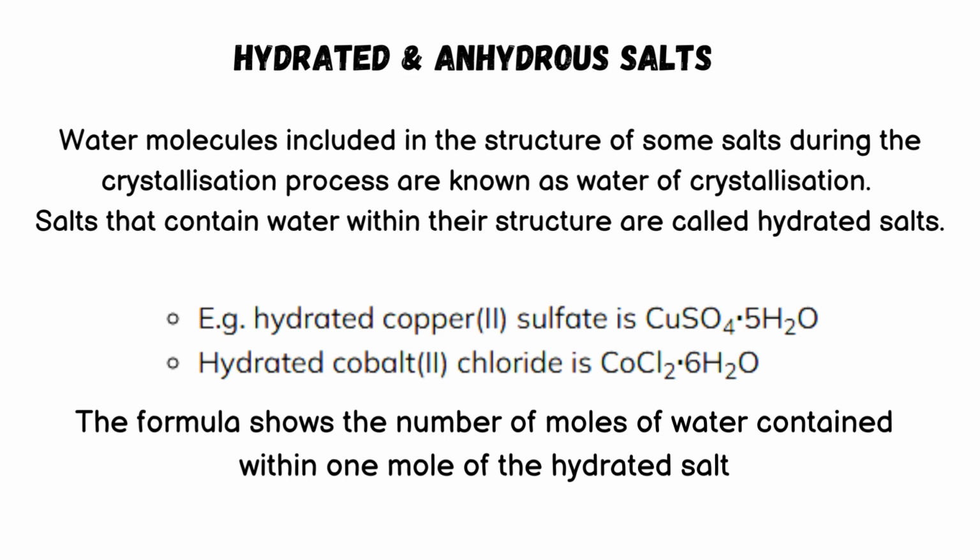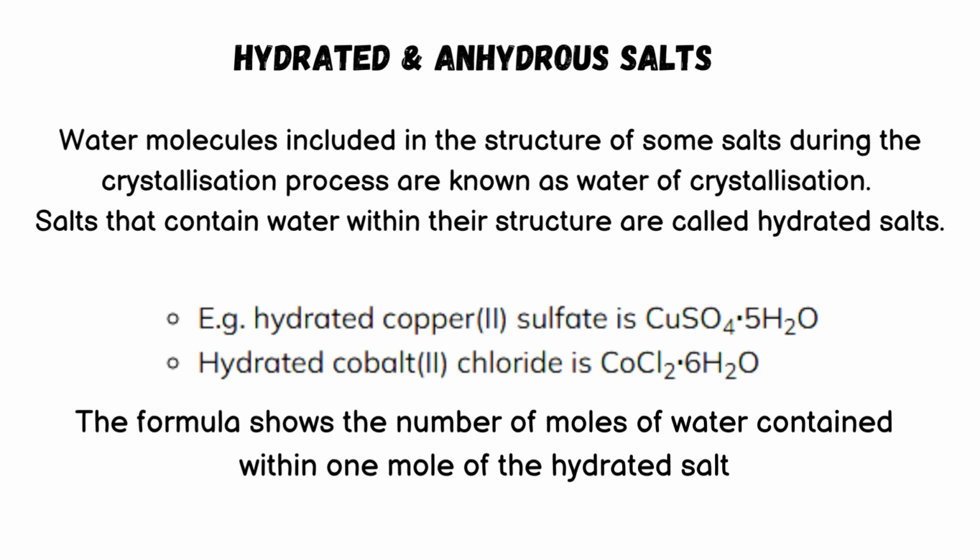Hydrated and anhydrous salts. Water molecules included in the structure of some salts during the crystallization process are known as water of crystallization. Salts that contain water within their structure are called hydrated salts. Example, hydrated copper(II) sulfate is CuSO4.5H2O.